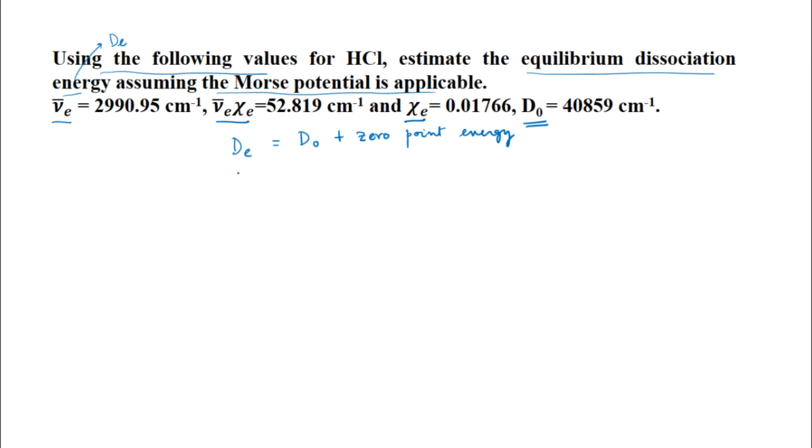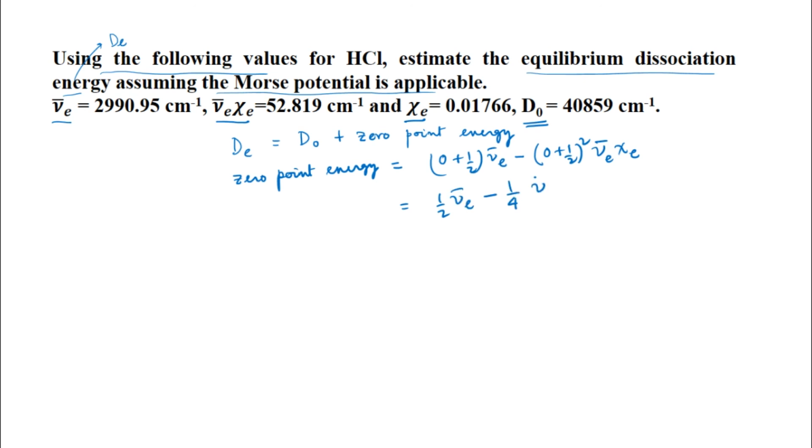So, the zero point energy is at V equals 0. So, that is 0 plus half nu bar E minus 0 plus half squared nu bar E chi e. So, this is half nu bar E minus 1 by 4 nu bar E chi e.